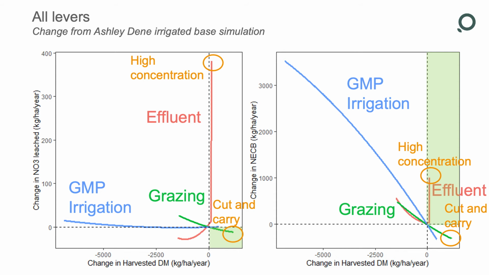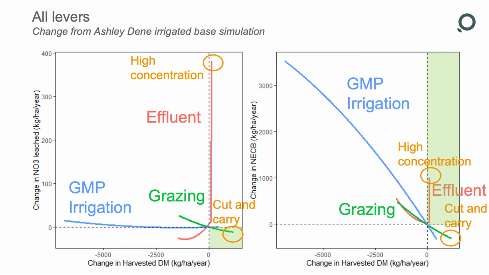I recognise that it's exceptionally good because the model knows everything about it. If it was poor management, you might see that increasing the irrigation would then start to pick up the amount of leaching. The pink is the effluent, and the green is the grazing.